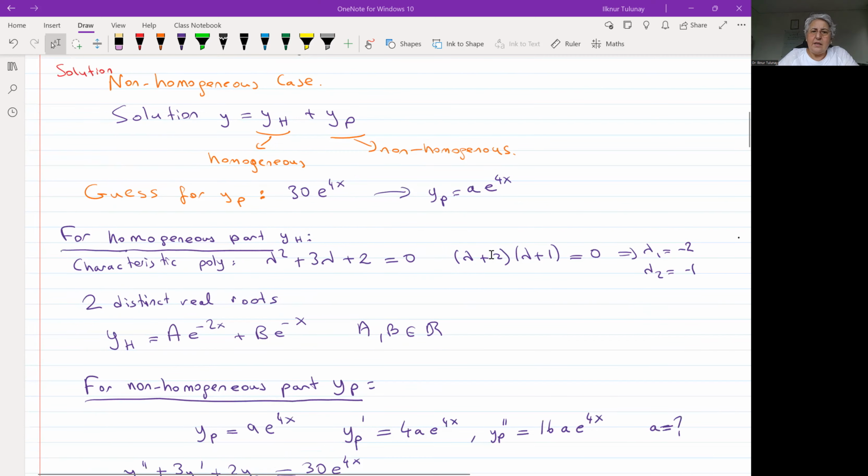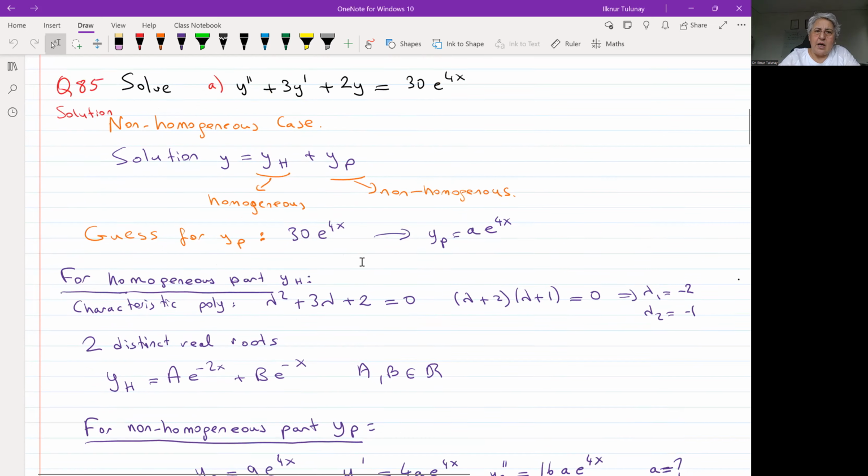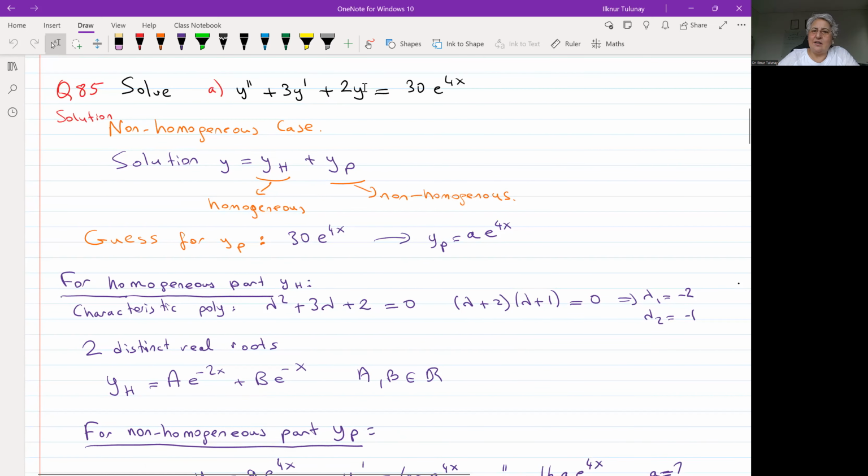For the homogeneous part, we will first find the characteristic polynomial, as we've shown in the previous video. That is lambda squared plus 3 lambda plus 2 equals 0. This quadratic polynomial can be written in terms of linear polynomials: lambda plus 2 times lambda plus 1.